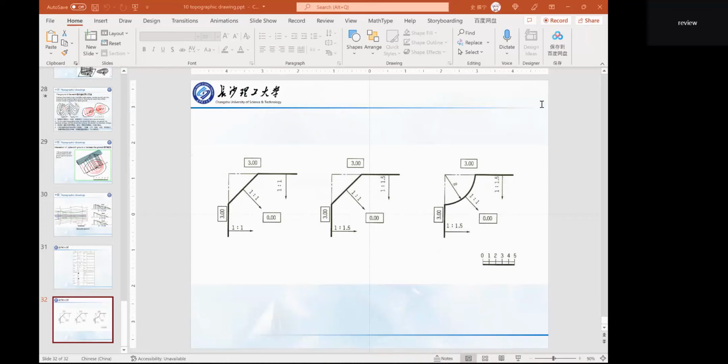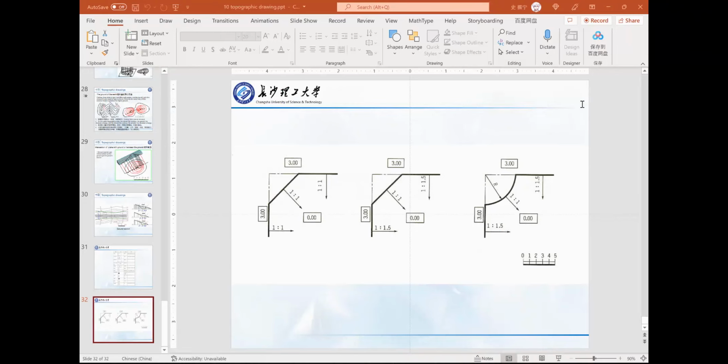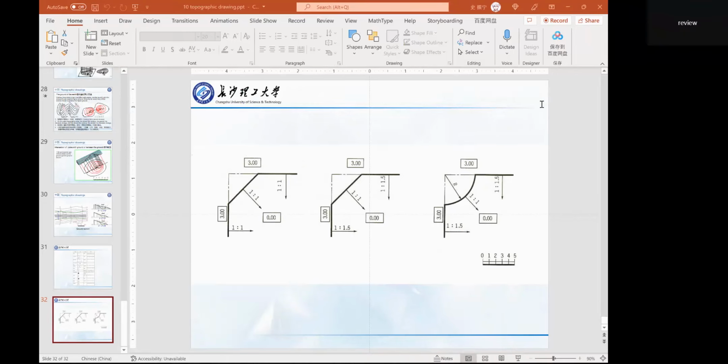Please draw the intersection line of each plane.